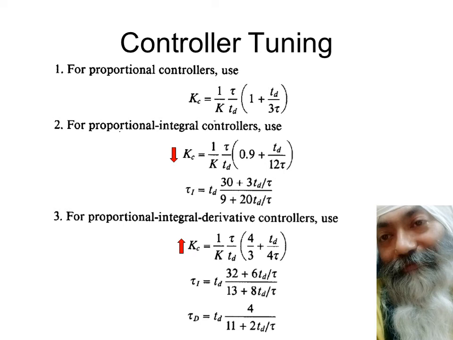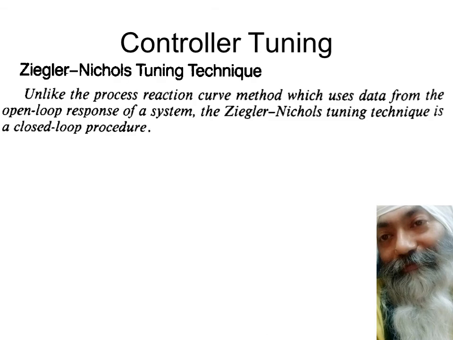every time you want to retune, you have to open the loop, and that is something which we normally don't want in many cases. So we go in for another process which makes use of the data not from the open loop response but from the closed loop response.